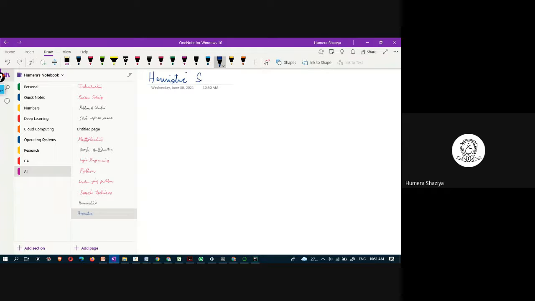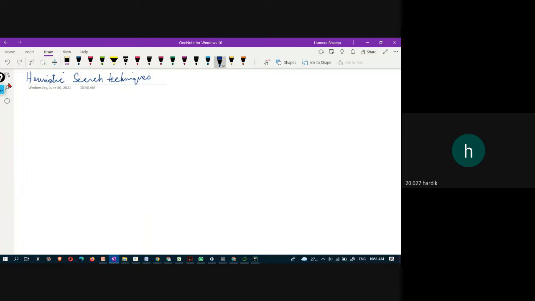Heuristic search techniques. Heuristic search is much better than BFS and DFS. Please remember, heuristic search is like a common name given to all the methods.